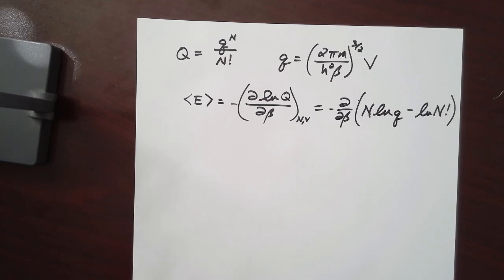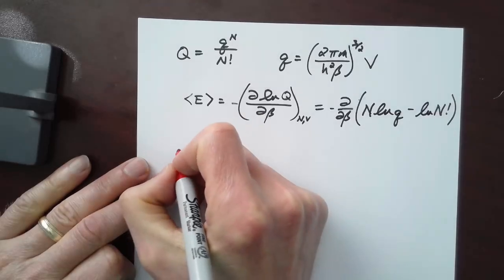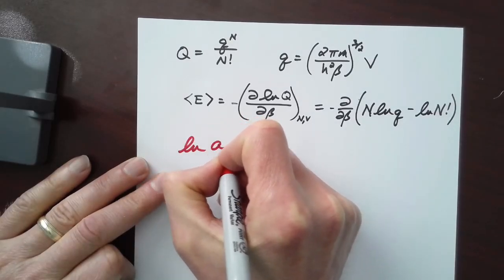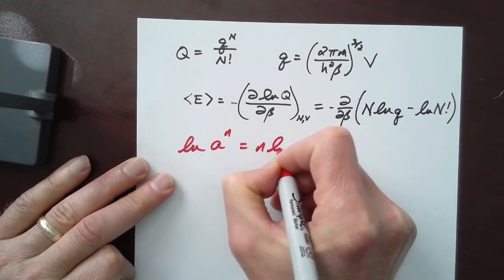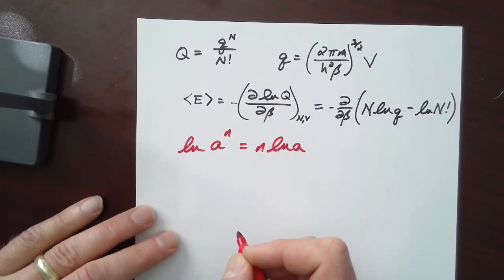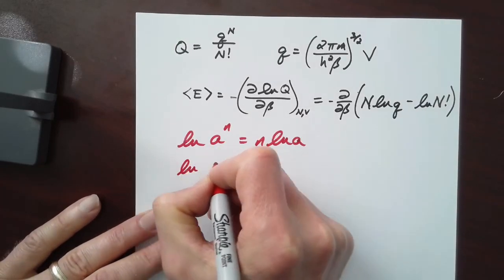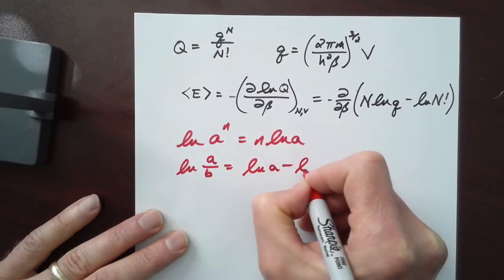We get this from the logarithm rules. Remember that if you have the log of a to the n, this equals n log of a. The other rule is if I have ln of a over b, that equals ln of a minus ln of b.